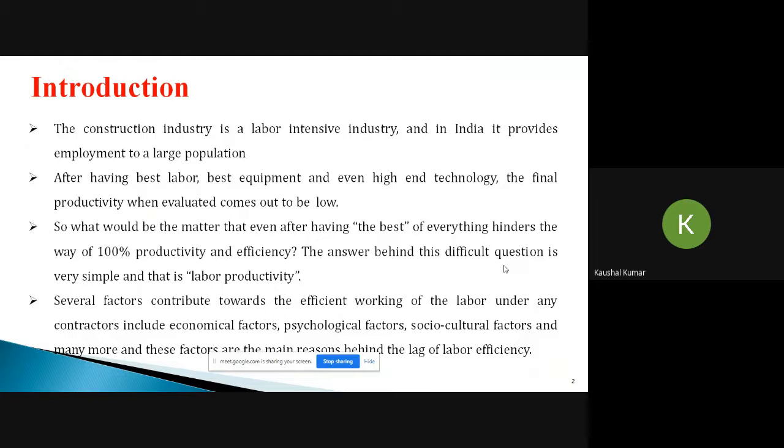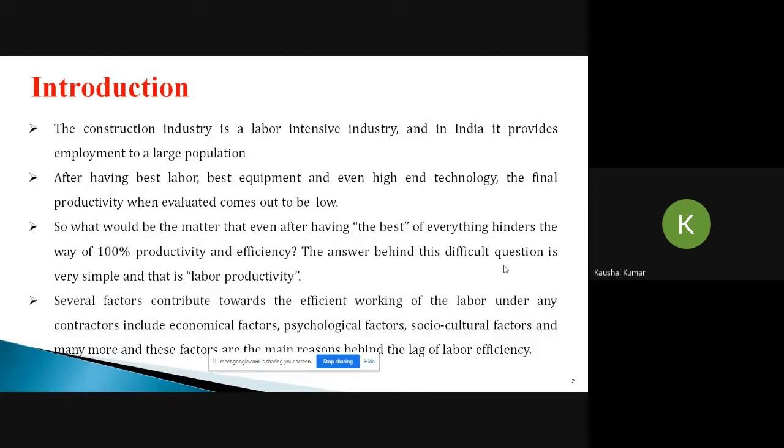It is providing employment, and this is also offering a better life. But still, despite having the best labor, best equipment, and high-end technology, the final productivity turns out to be low whenever it is evaluated. There can be many reasons for that. Some would be technical, some would be others.